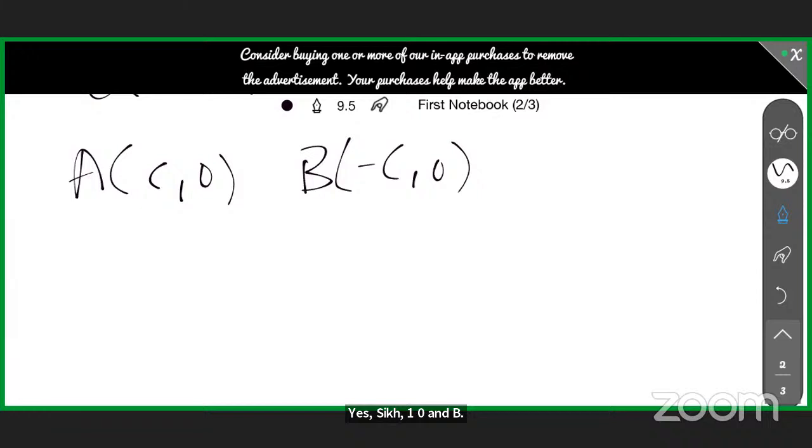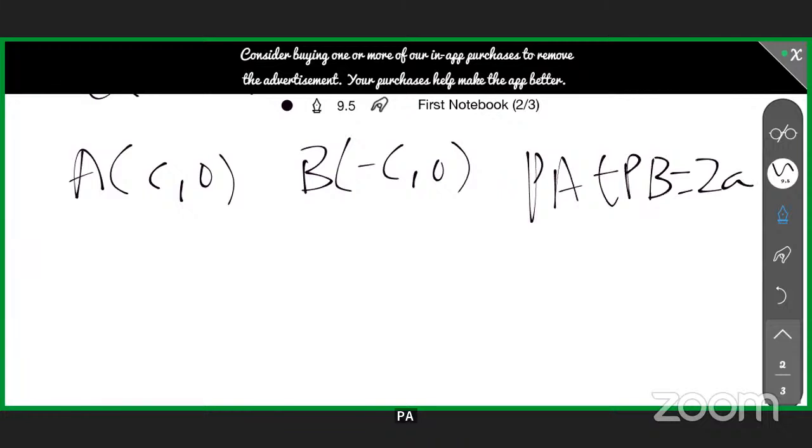If P is a point such that PA plus PB is equal to 2a, and c is greater than 0 and less than a.